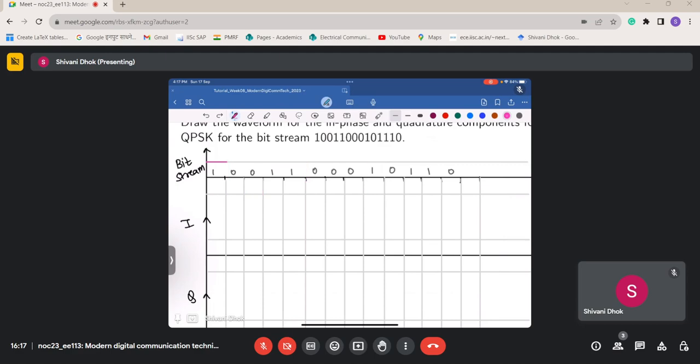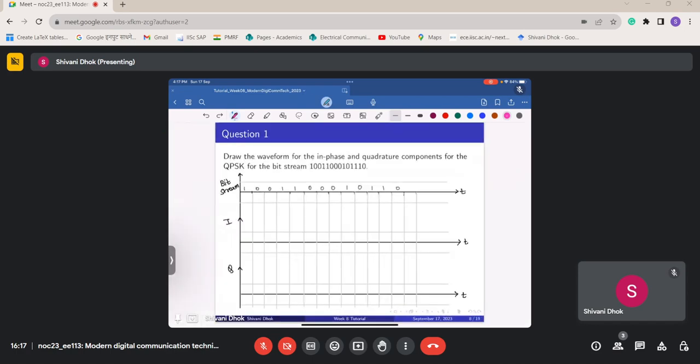What we'll do is, when we go for QPSK, we divide the odd and even components and assign them to in-phase and quadrature components. So the alternates will be my in-phase components and quadrature components. So let me draw the in-phase component with green color and quadrature with pink color.